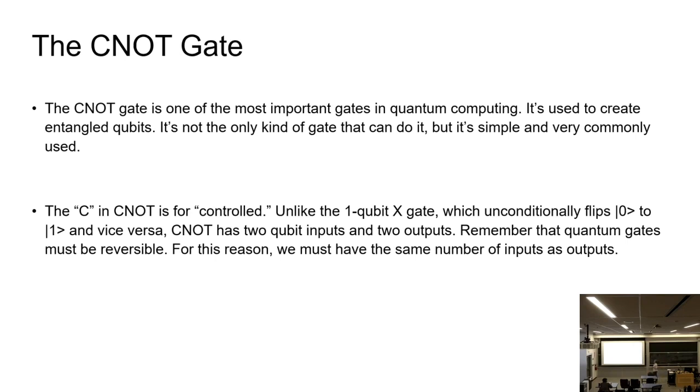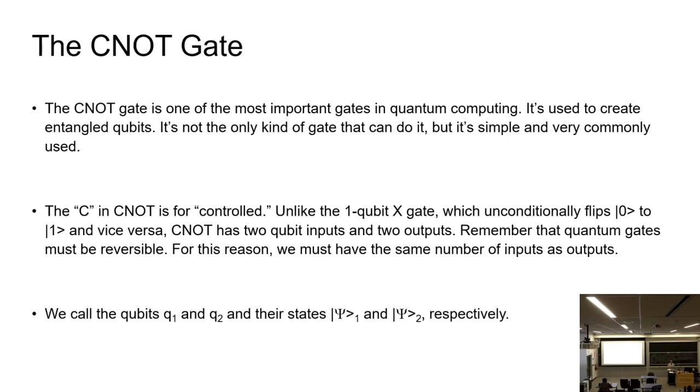And we remember that all of our quantum gates are unitary, they have to be reversible, and for that reason we have to have the same number of inputs as outputs. So let's call our 2 qubits that we're going to entangle Q1 and Q2, and their states are psi1 and psi2.